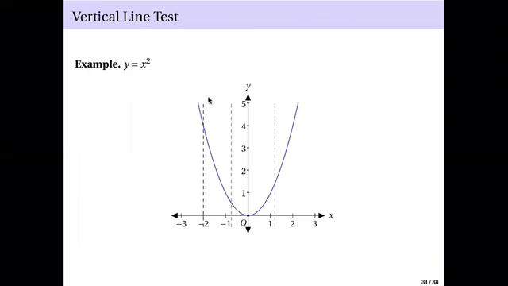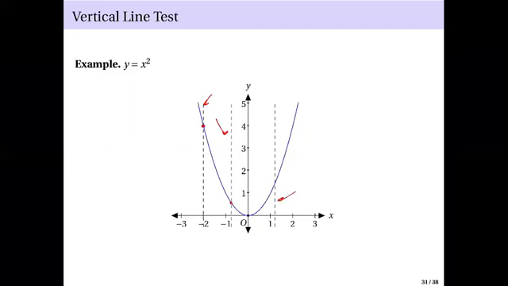The vertical line test tells us that if we get a vertical line anywhere here, the vertical line will only intersect the graph once. So for example, for this vertical line here, this is the only intersection. For this vertical line here, this is the only intersection.